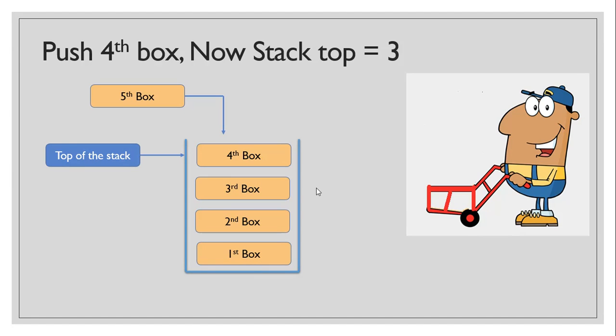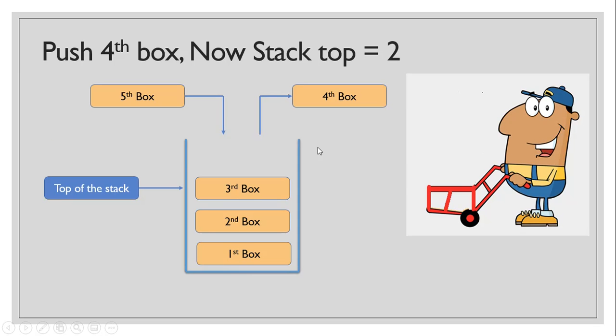Now this Harry is trying to insert the fifth box, but Harry found that this container doesn't have space. This container cannot accommodate the fifth box, because now this container is full, correct? So stack top is still pointing to 3, because we have the zeroth box, first box, second box, third box, correct?